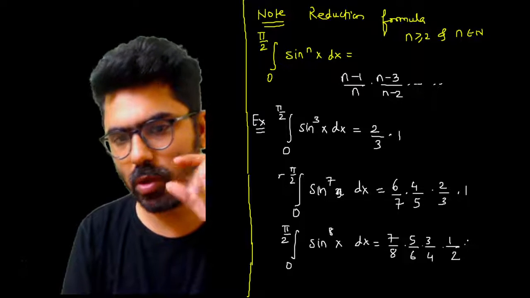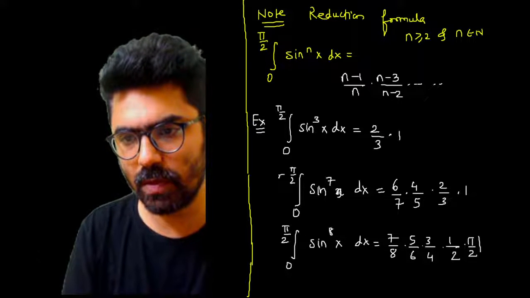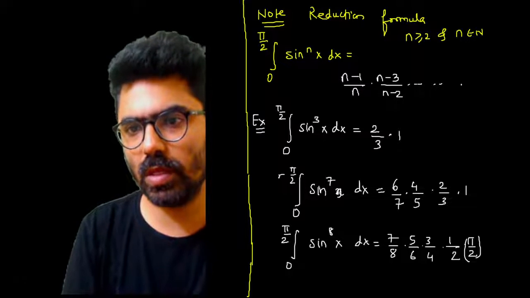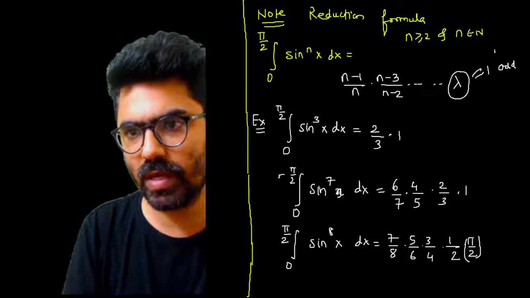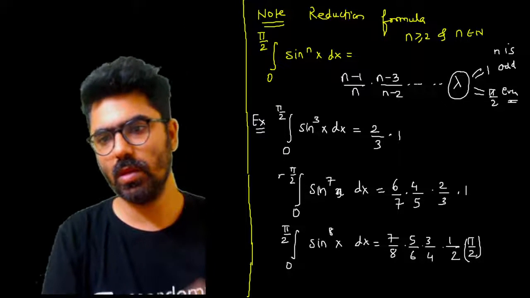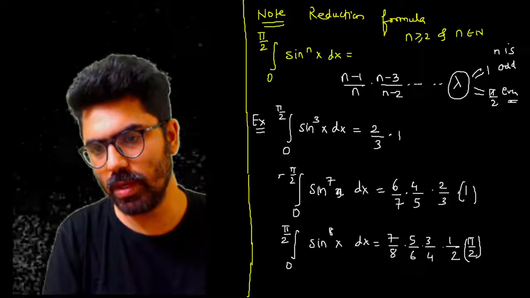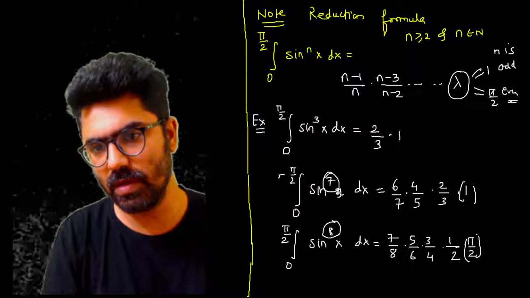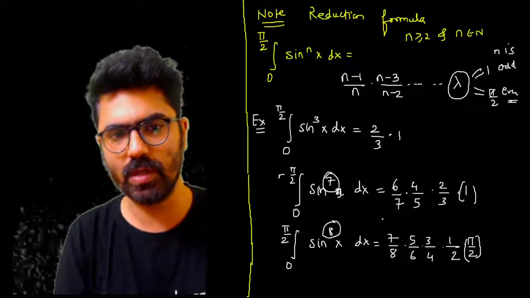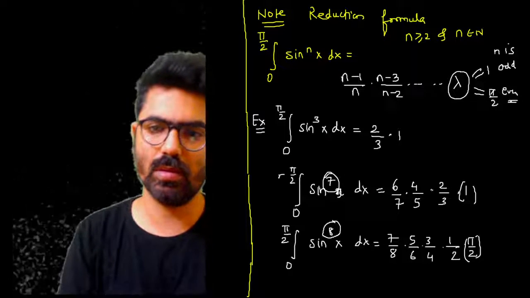Once you get 1 by 2, you have to stop here and then multiply with pi by 2. So in the end you have to multiply with a lambda. Lambda is 1 if n is odd, and lambda is pi by 2 if n is even. You have to multiply with 1 or pi by 2 in the end, depending upon whether the power is even or odd. If power is even, multiply with pi by 2. If power is odd, multiply with 1.